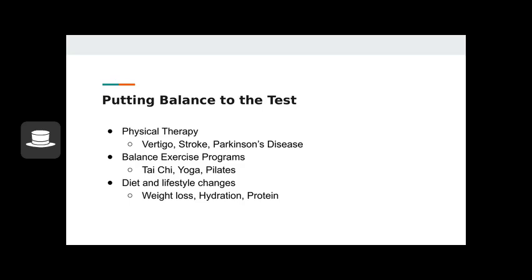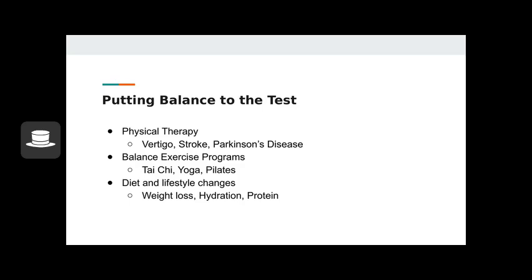Things like diet or lifestyle changes are huge factors that we may not even consider. If we're overweight, that can put our center of gravity or our center of mass closer to being outside of the base of support, leading to greater instability or more frequent loss of balance.